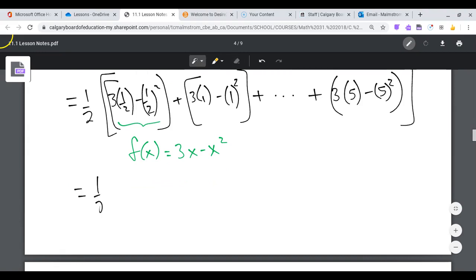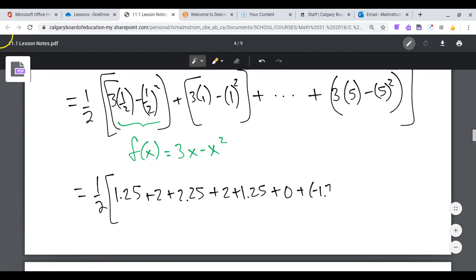And then once I do that and sum it all up, I get that this is equal to 1/2 times, okay, so if you wanted to know what some of these values are, I wrote them out. 1.25 plus 2 plus 2.25, plus 2 plus 1.25 plus 0 plus negative 1.75.